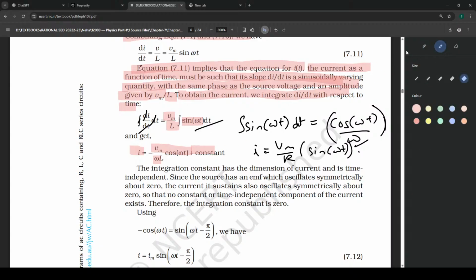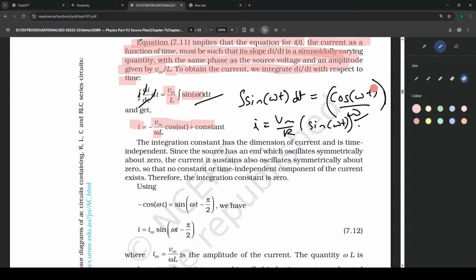Let's convert this minus cos omega t. If we want to convert a cos omega t into sine omega t, we know the ratio sine 90 plus theta equals cos theta, or sine 90 minus theta equals cos theta. And depending on the quadrants, we can understand which signs to take.